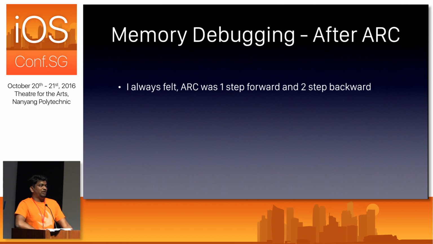Before memory graph debugging, I always felt ARC was like one step forward and two steps behind. It made writing code a breeze, but it made debugging someone else's code that has retain cycles significantly harder.